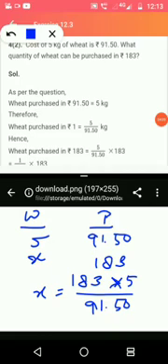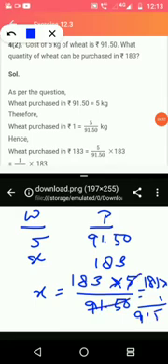So this will become 183 into 5 into 10 divided by 915. Or I can cancel it in this way also. 5 1s are 5, 5 3s are 15, 8 5s are 40, and here I will have 10. So you will see 10 kg.